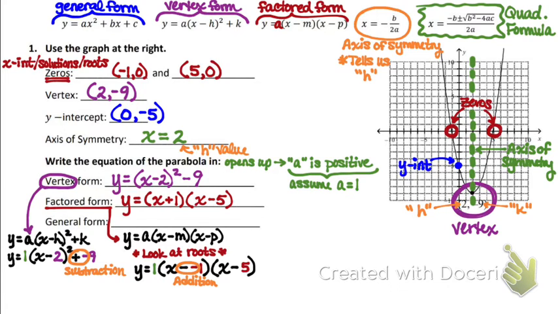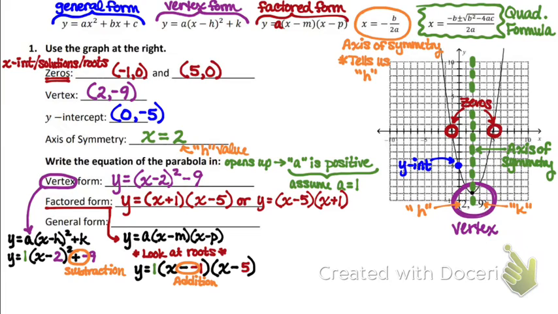Good question. So the question was, does it matter if we have x plus 1 and then x minus 5, or can it be the other way around? It can be the other way around. Yes, that would be just as correct.